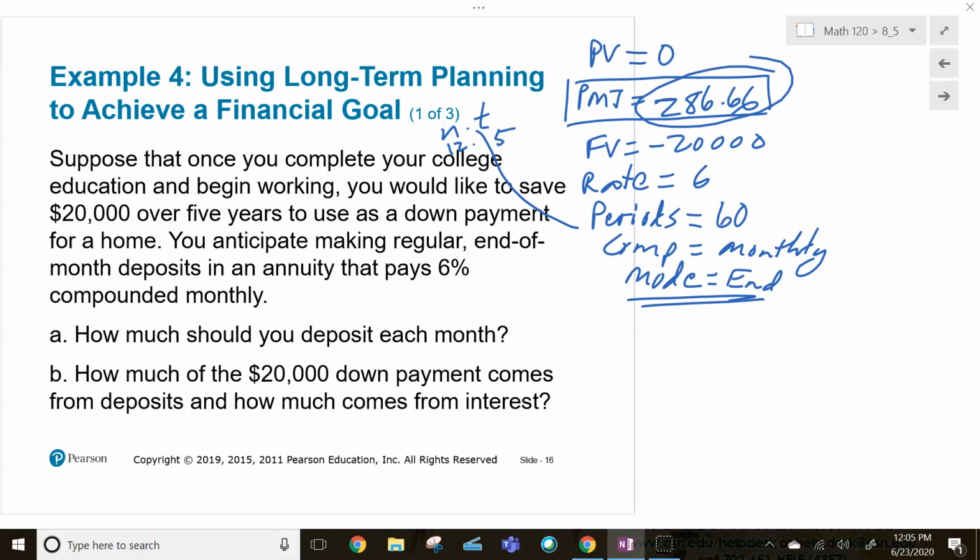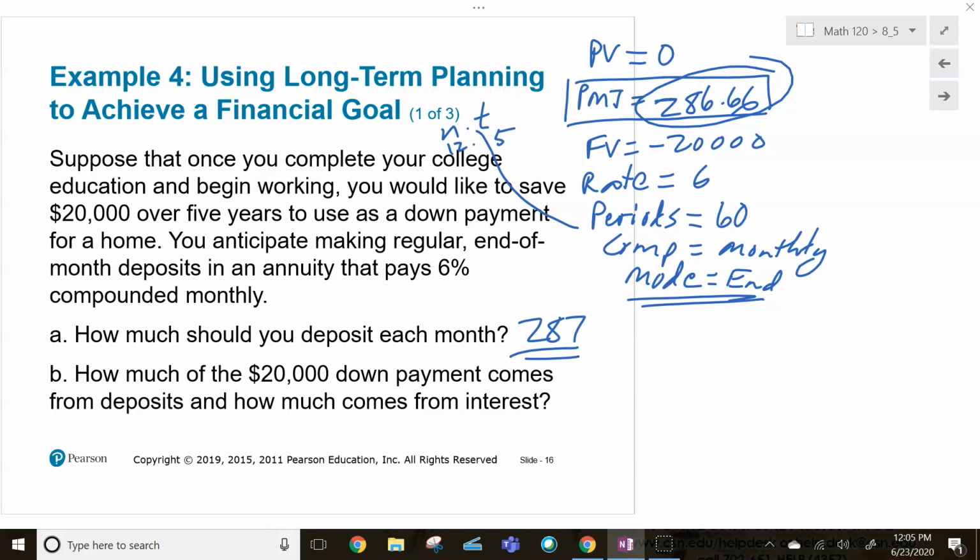We can't pay 286 because we won't reach our $20,000 goal. So we have to round up if we're going to round to the nearest dollar. 287. So we have to make 287 a month, and then we'll definitely reach our 20,000. In fact, we'll surpass it a little bit, right?